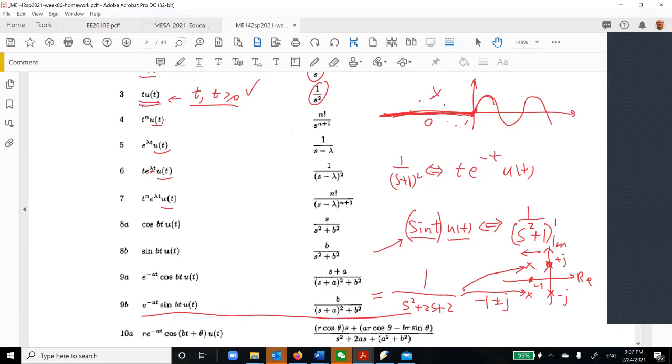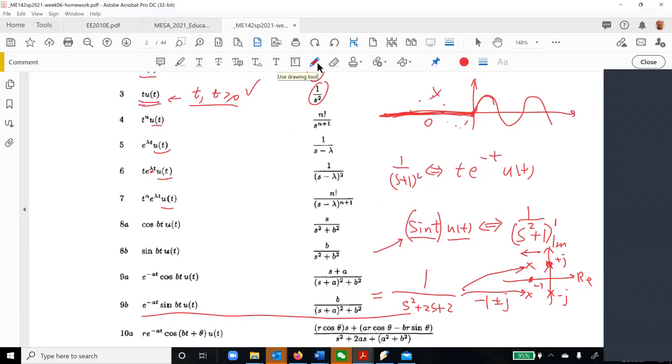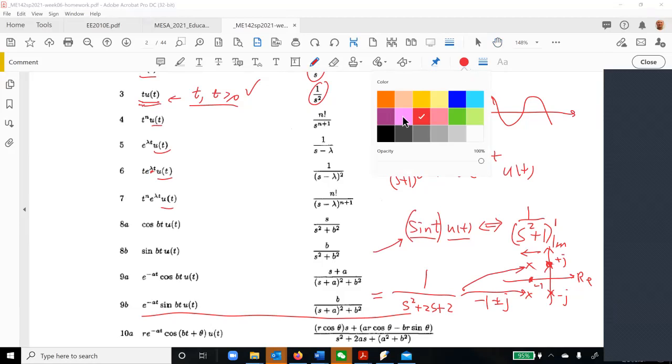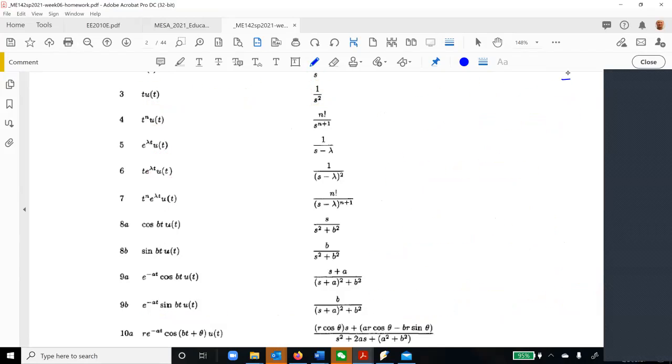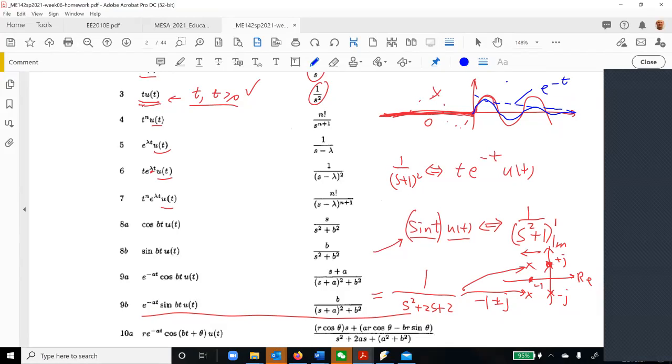Let me change my color. Yes, I can. I'm going to use this one. You can see that I am going to have something like a sinusoid that is dying out; my magnitude is going down. This going down is e to the minus t. It's called a damping exponential, a damped sinusoid.